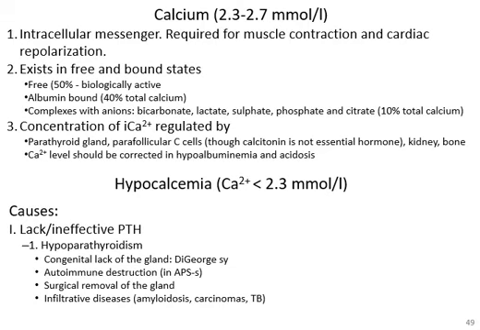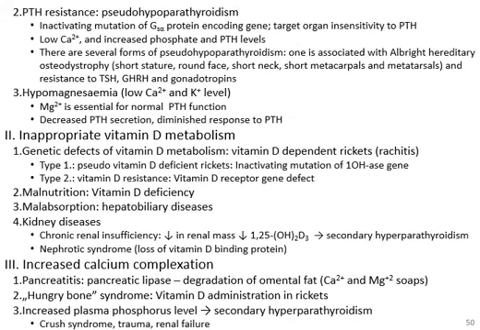Hypocalcemia is a condition when its concentration is lower than 2.3 millimole per liter, which, as we discussed previously, can be related to hypoparathyroidism, PTH resistance, pseudohypoparathyroidism, and very importantly hypomagnesemia, because magnesium is an activator of the parathyroid hormone.